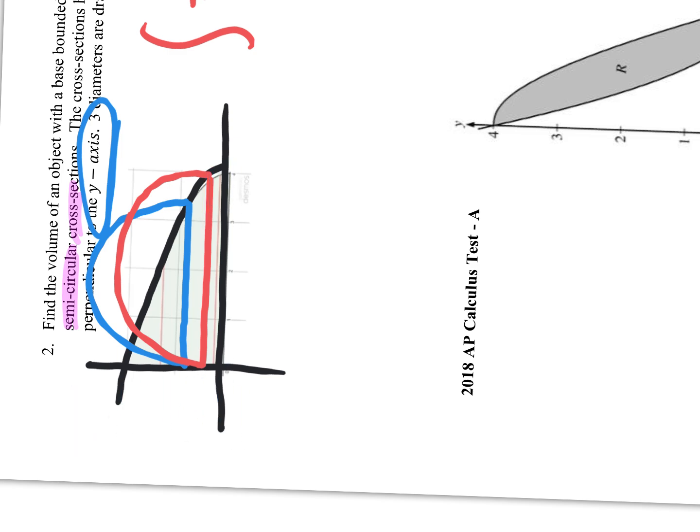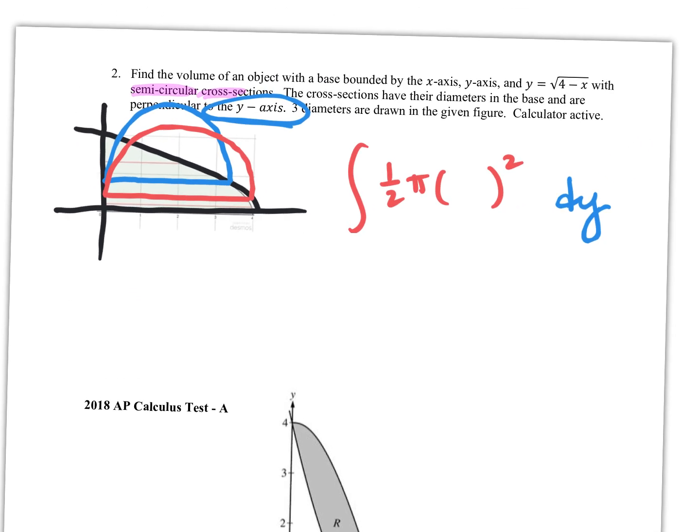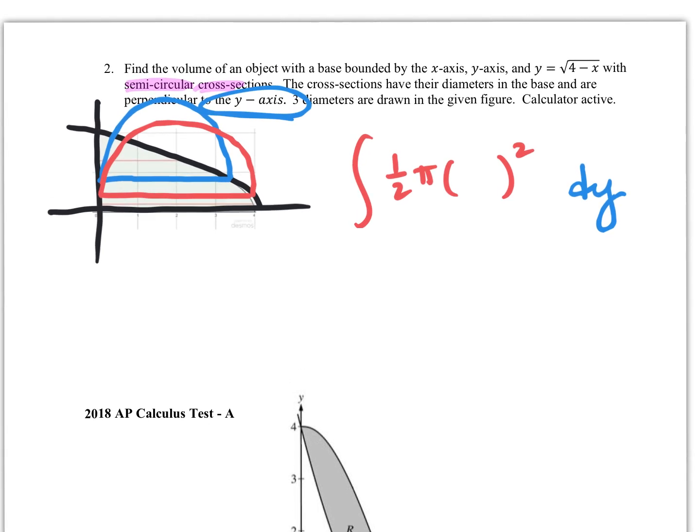So it's just the function, which we know was y equals root 4 minus x. You guys, can I put root 4 minus x in here? Why can I not? Because it's in respect to y. Because we need to have a y here. And also, isn't root 4 minus x this whole diameter? Yeah. How would I get a radius?